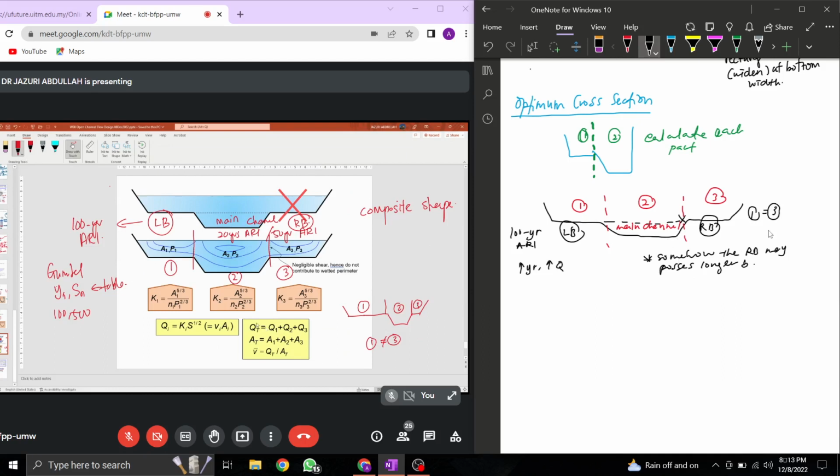For the total Q in this scenario, you calculate Q1 plus Q2 plus Q3. The area is area 1, area 2, area 3.